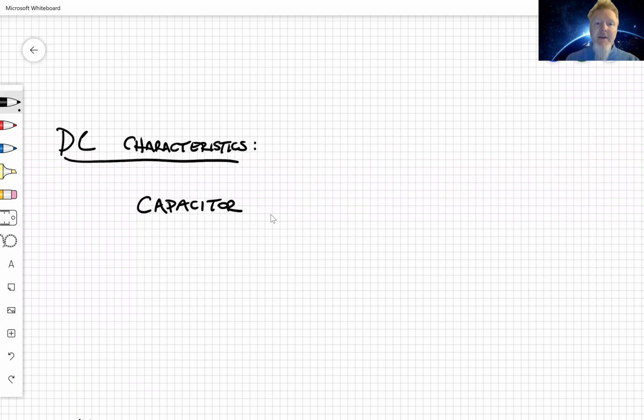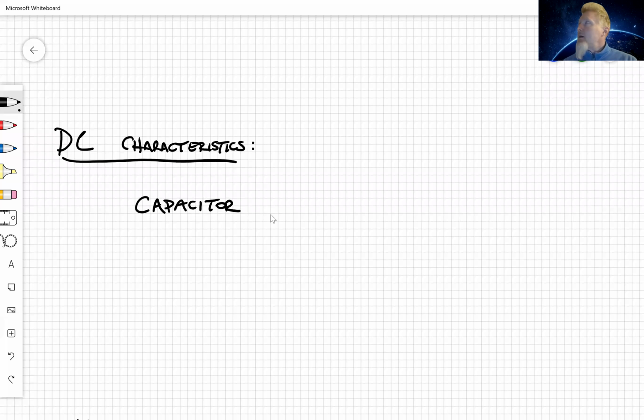All right, so the capacitor initially, if it starts uncharged, let's suppose that it's starting in a completely empty state.